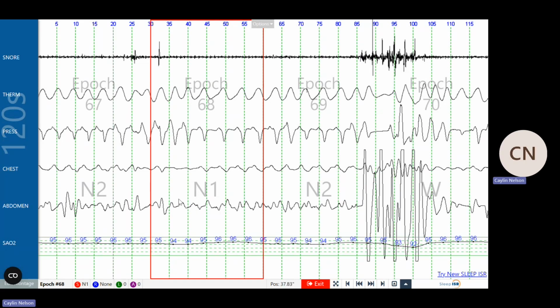We do see that artifact in our bottom two channels, the little flat lines. But even though we have those flat lines, when you see our airflow channels are continuously flowing, you know that the effort belts are just experiencing artifact.